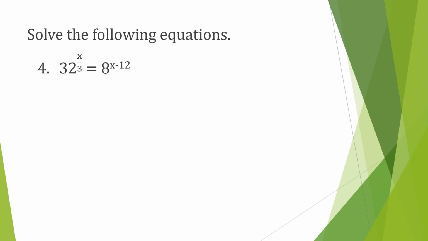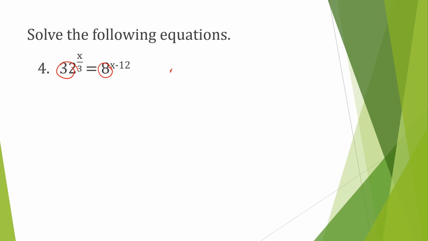Number 4. 32 raised to x over 3 is equal to 8 raised to x minus 12. Again, the bases are not the same. We have 32 and 8. But we can rewrite 32 and 8 as base of 2.